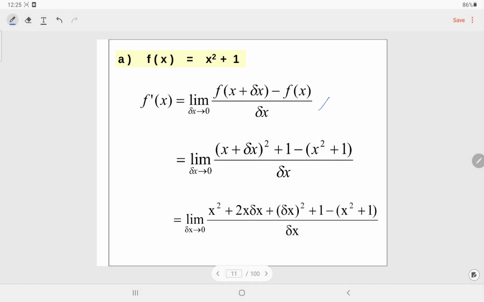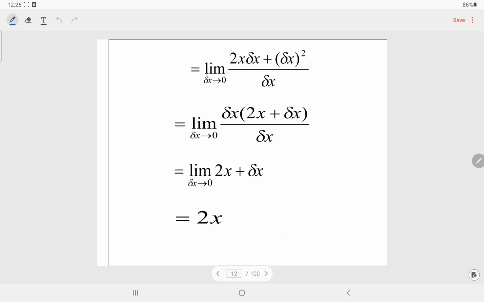By using this formula, since the function is x squared, we need to add the value of delta x, and then plus 1 minus the function f(x). So you expand and then solve the equation.